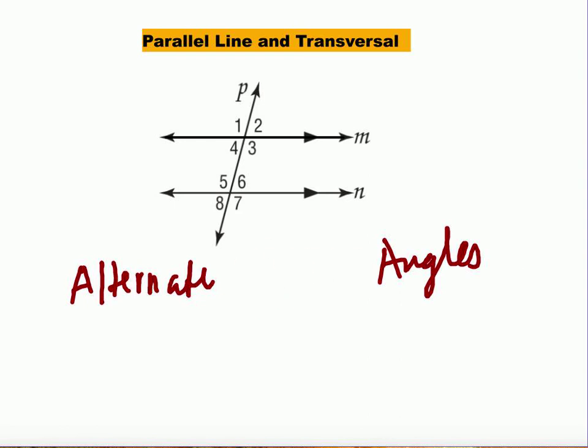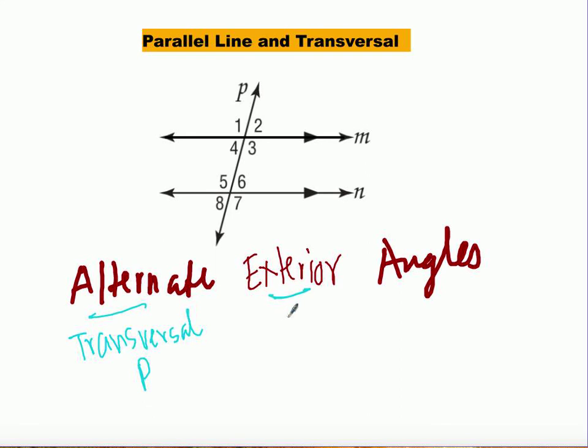Alternate would be the same thing, alternate to the transversal P, and exterior would be the outside of the two parallel lines M and N. So we're looking at every angle that's outside these parallel lines, which includes angle 1, angle 2, angle 8, and angle 7. They're outside the parallel lines, and we will look at the alternate one.